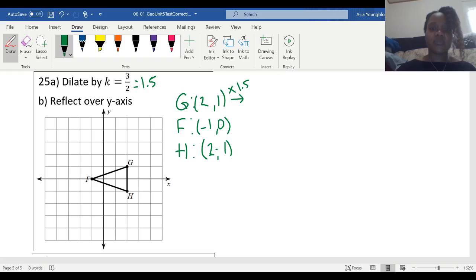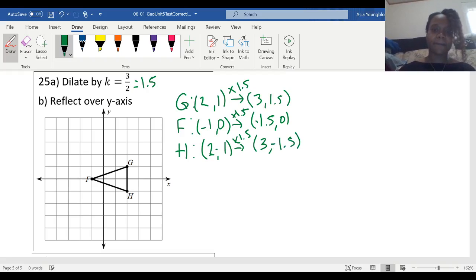2, 1 multiplied by 1.5 gets us 3, 1.5. -1, 0 times 1.5 gets us negative 1.5, 0. 2, negative 1 times 1.5 gets us 3, negative 1.5.